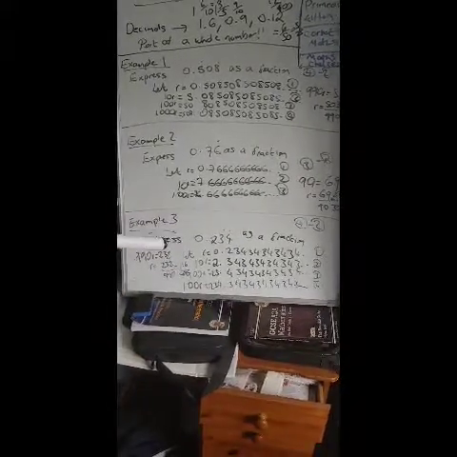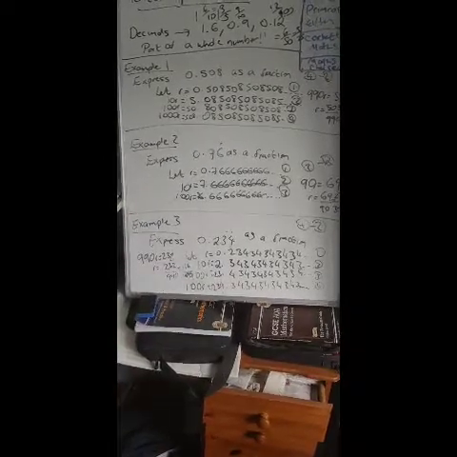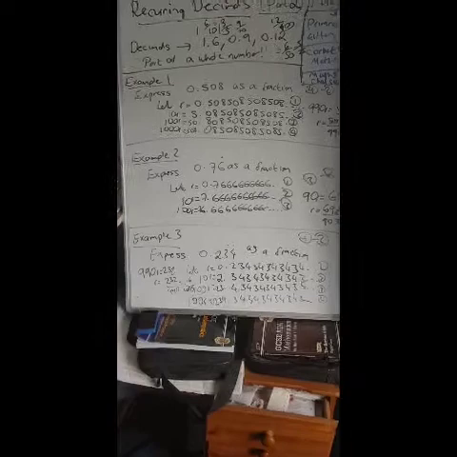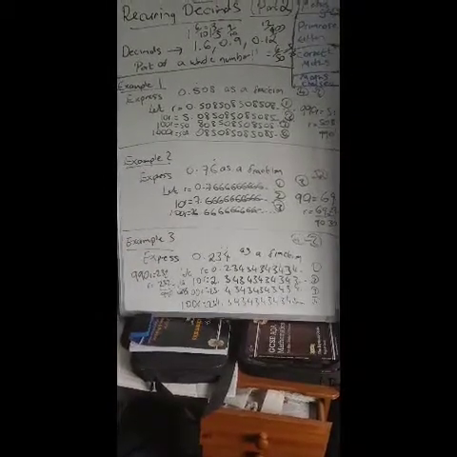So R is equal to 232 divided by 990, which is 116 divided by 495, our fraction in its lowest terms, and I've done that by dividing top and bottom by 2.